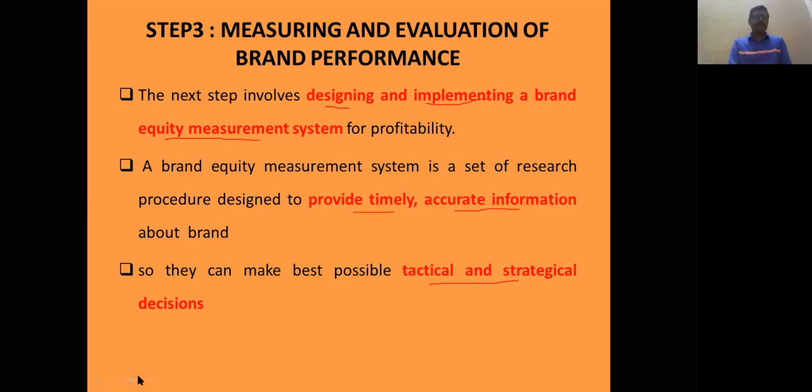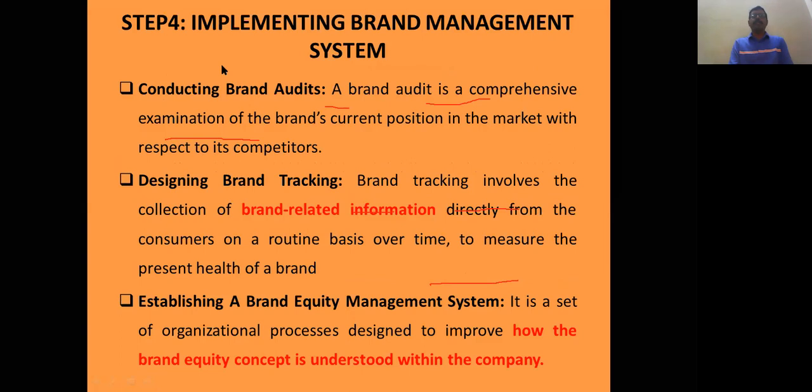Step four is implementing the brand management system. First and the foremost, how do we implement the brand management system? They conduct brand audits. Brand audits include the feedback that is generated, that is, the brand's current position.